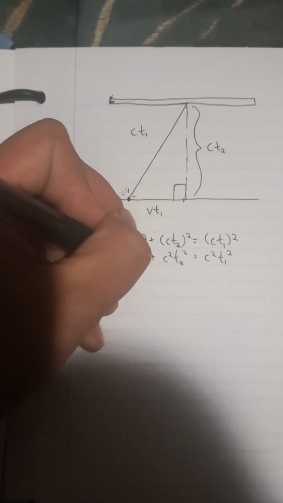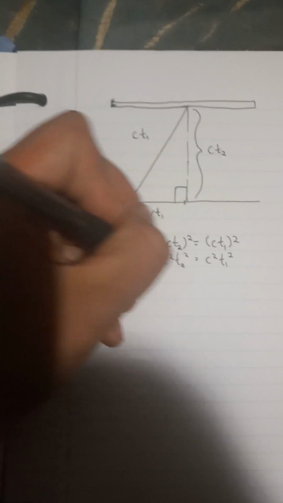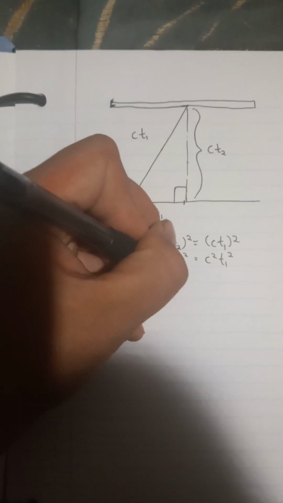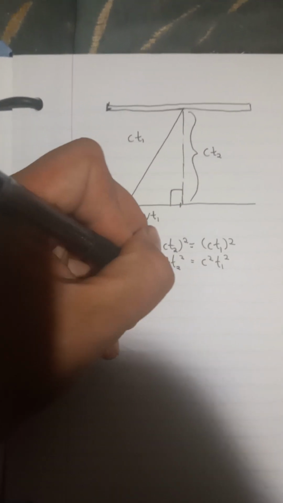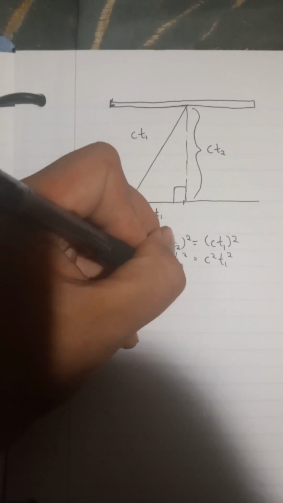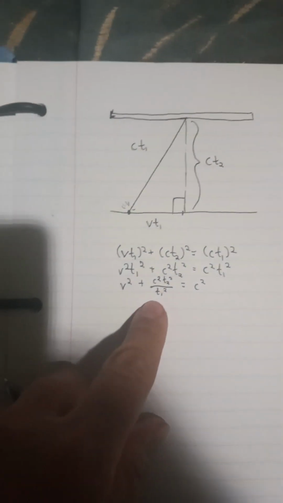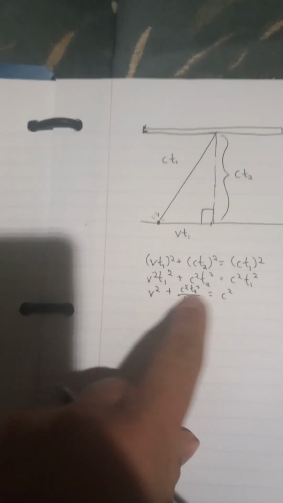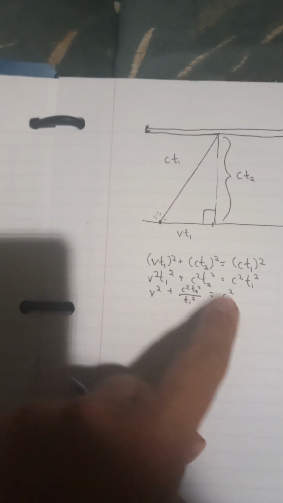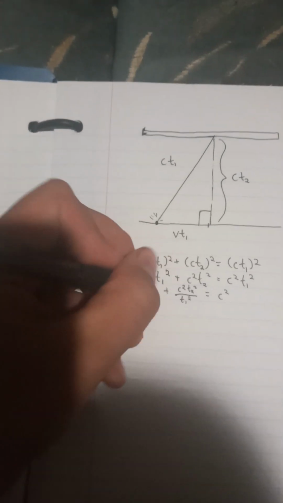And what we're going to get is v squared plus c squared t2 squared over t1 squared is equal to c squared. Now we see we've got a c squared here and a c squared here, so let's just go ahead and divide everything out by c squared.